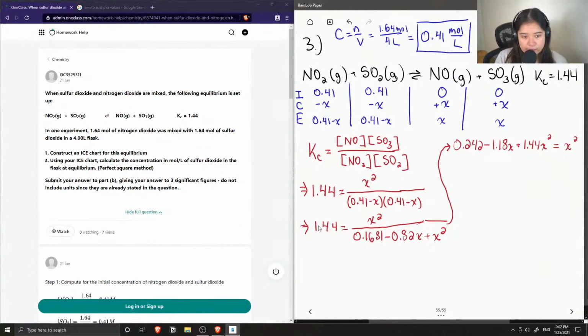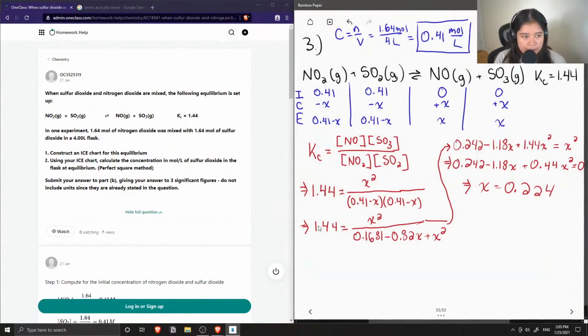And finally, we just need to bring our x squared over to the other side by subtracting it. And you get 0.44 x squared minus 1.18x plus 0.242 is equal to 0. So now if we solve for x using a quadratic equation calculator or a quadratic equation, you just end up getting 0.224 equal to x.